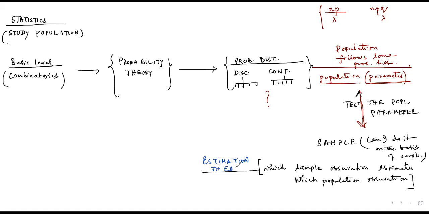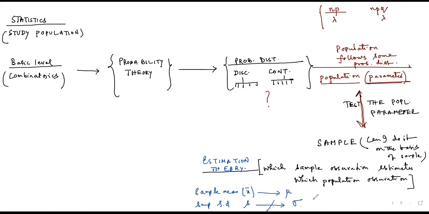And it has been found in estimation theory that the sample mean X bar correctly estimates the population mean, but the sample standard deviation small s doesn't correctly estimate the population standard deviation.